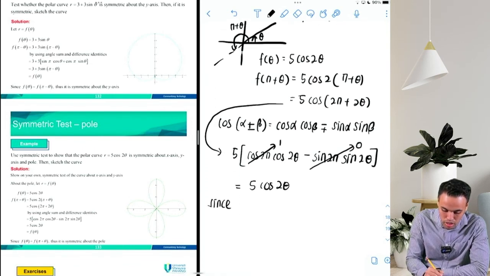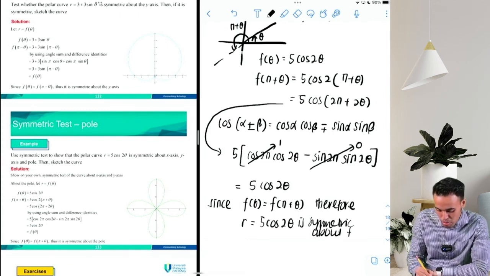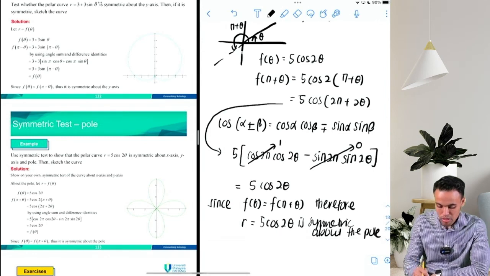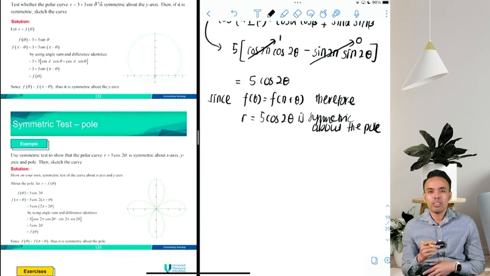Since f theta is equal to f pi plus theta, therefore r equal to 5 cosine 2 theta is symmetric about the pole or origin.